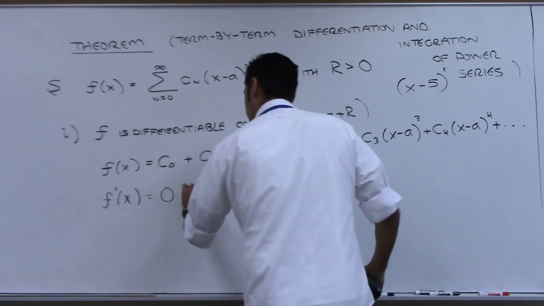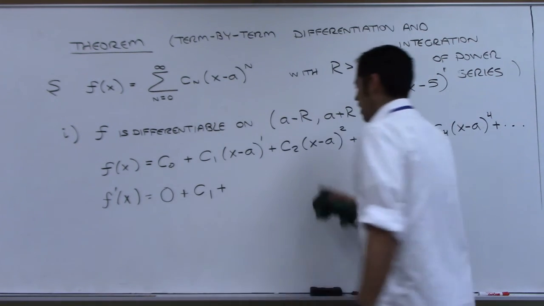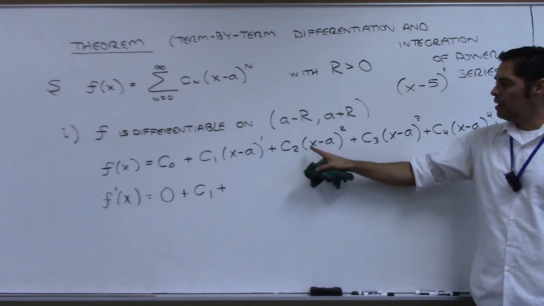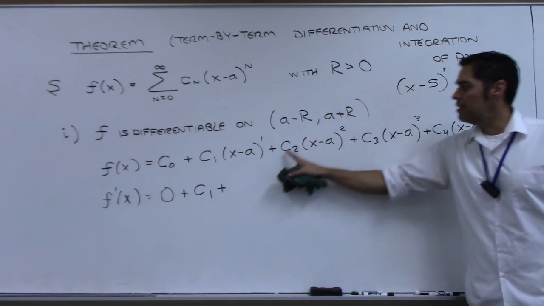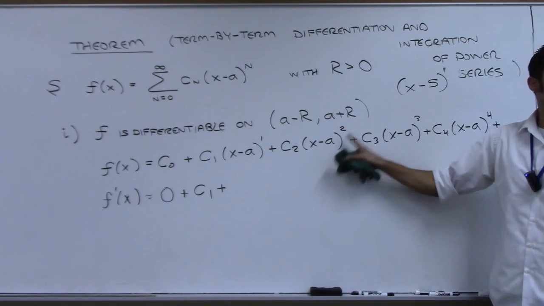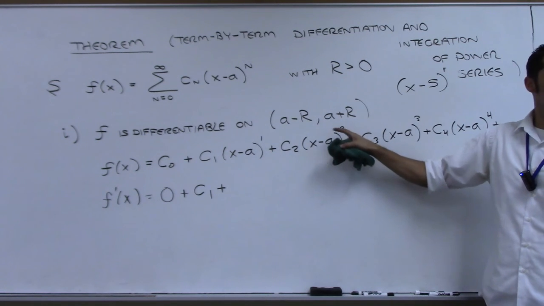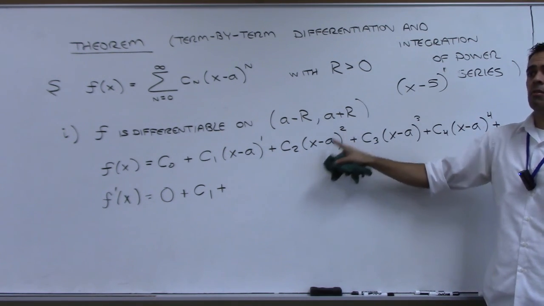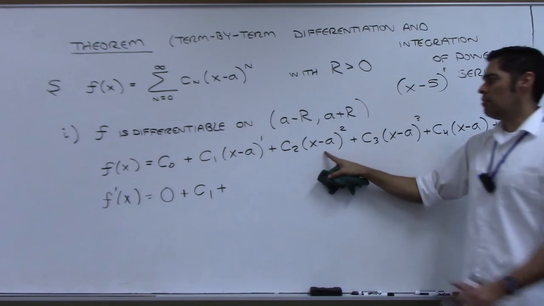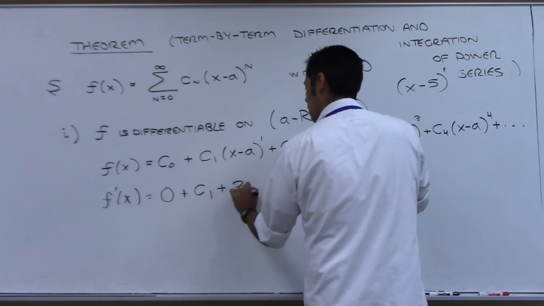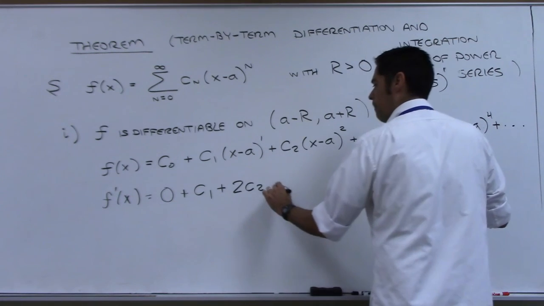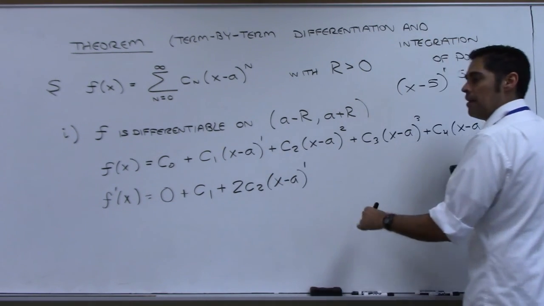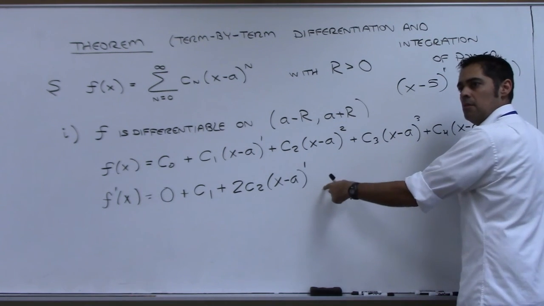So c1 plus. Now here we have a little bit of a different situation. We're bringing the c2 down as a constant. What's the derivative of x minus a squared? 2 comes down, subtract 1 from the power, take the derivative of what's inside. So what should I have here? 2 c2 times x minus a to the first power, and then times 1, which I don't need to put.